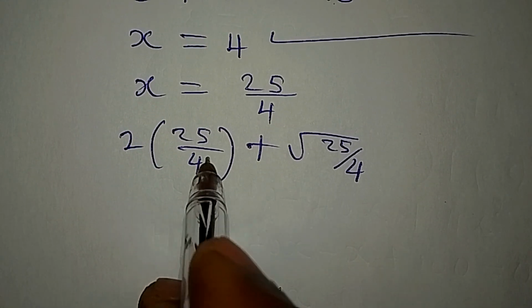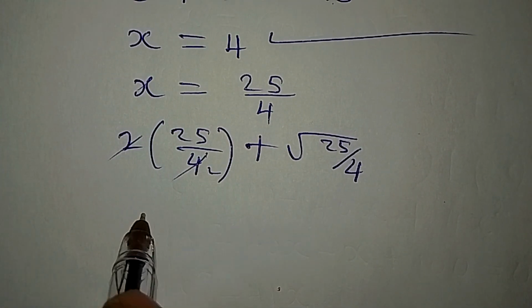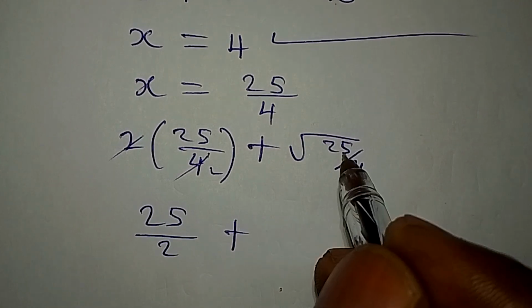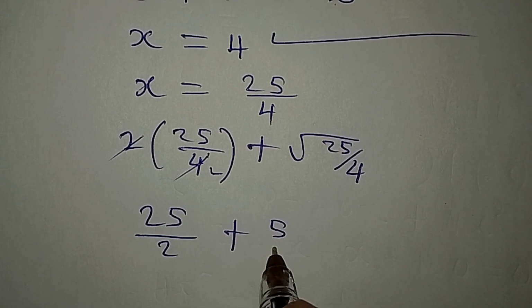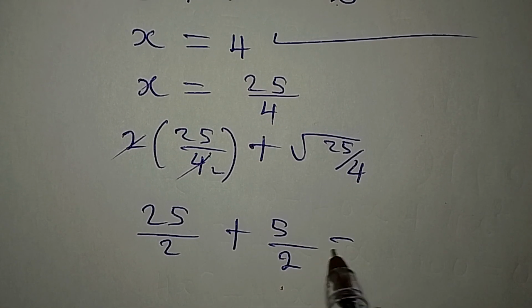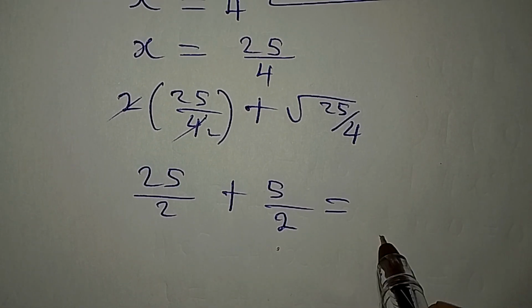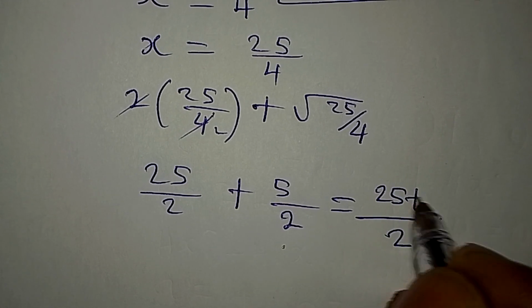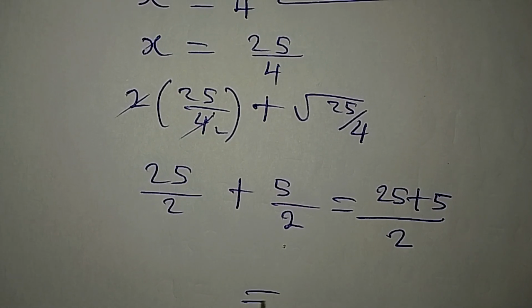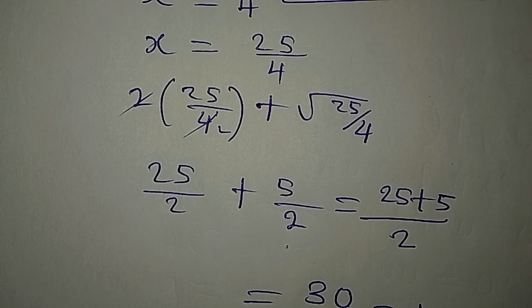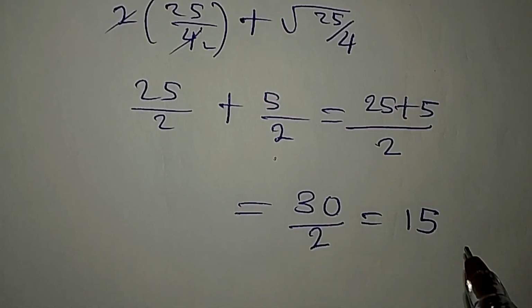Now this will go here, and we have 2, so we have 25 over 2 plus square root of 25 is 5, and square root of 4 is 2. Now the LCM is 2, so write 2 over there. Then we have 25 plus 5. This is giving us 30 over 2, right? And this is equal to 15.